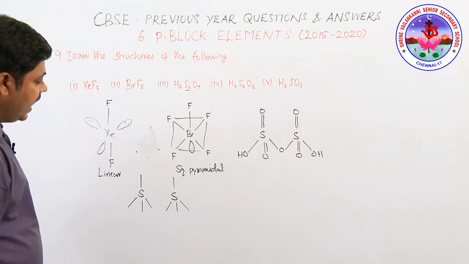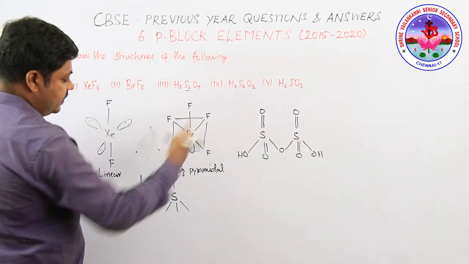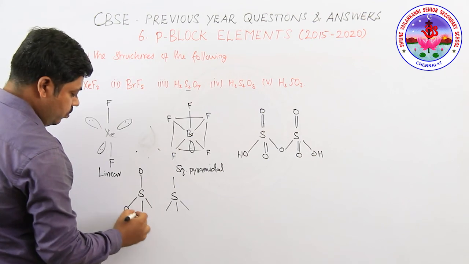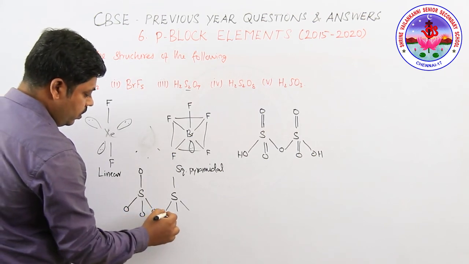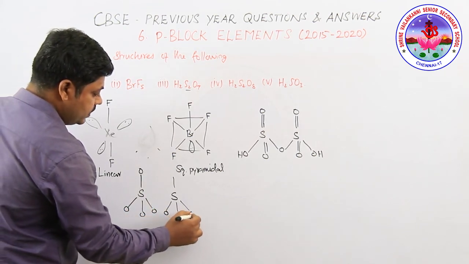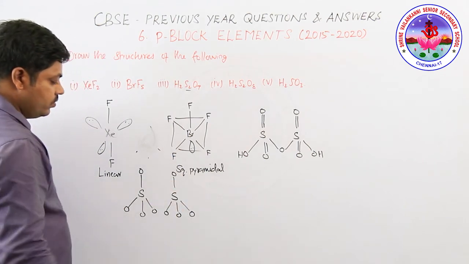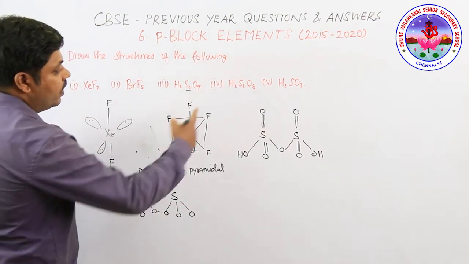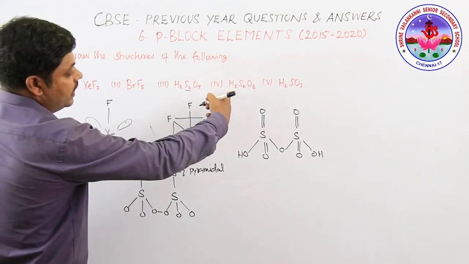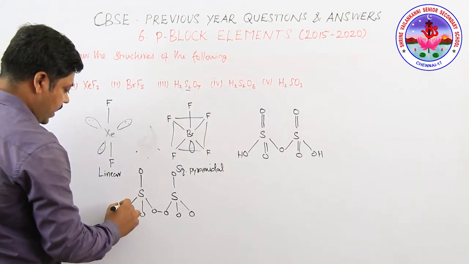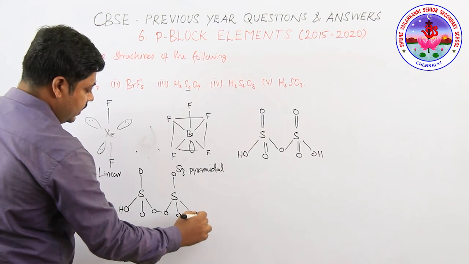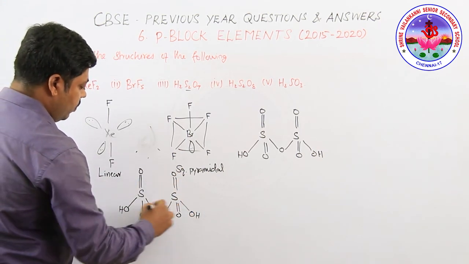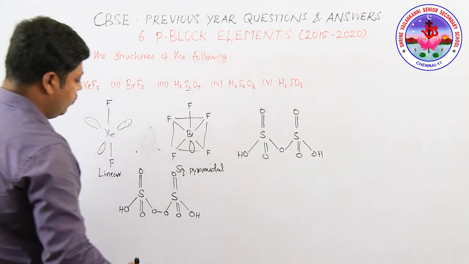Now the remaining is oxygen, 8 oxygen: 1, 2, 3, 4, 5, 6, 7, 8. Just connect with these 2 oxygen, and the remaining is hydrogen. So just write the hydrogen here and the hydrogen here. Then just satisfy the double bonds. Now this is H2S2O8.